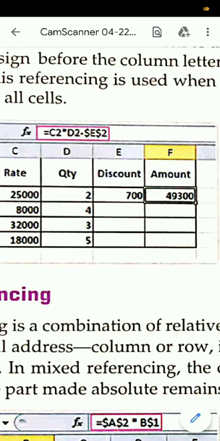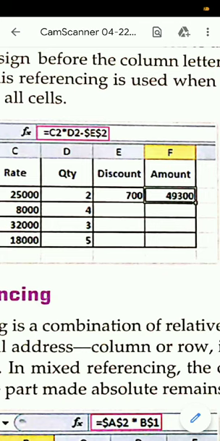So 700 should not change. Only this will always be subtracted. Which amount do I want to subtract? I want to subtract 700 from C2 into D2. So where is 700? 700 is at column E and row number 2.